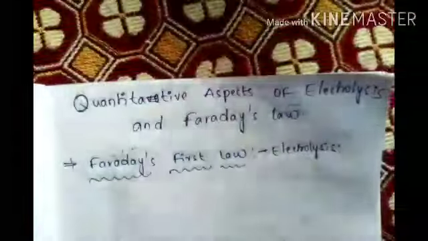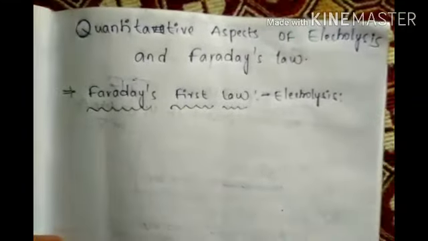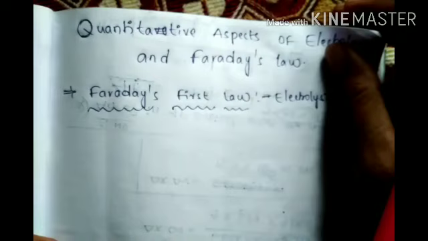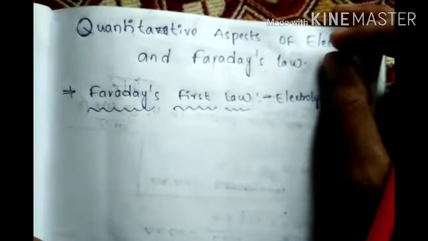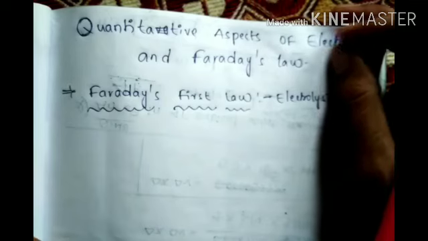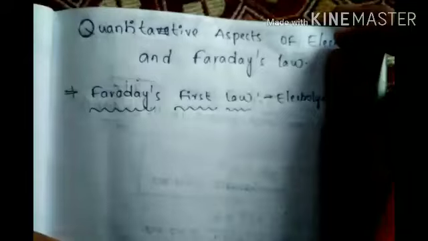Okay, everybody has to take notes. The definition: the amount of chemical reaction and hence the mass of any substance deposited or liberated at any electrode is directly proportional to the quantity of electricity. Either deposited or liberated, directly proportional to the quantity of electricity passed through the electrolyte.